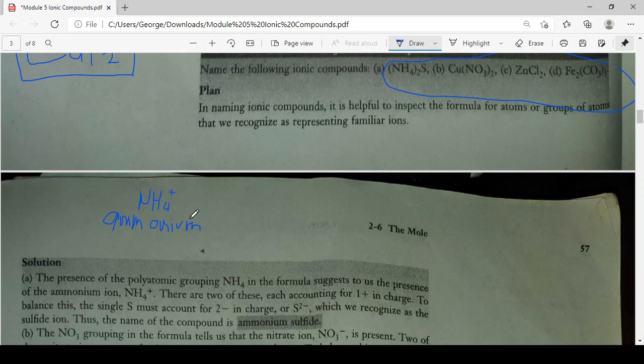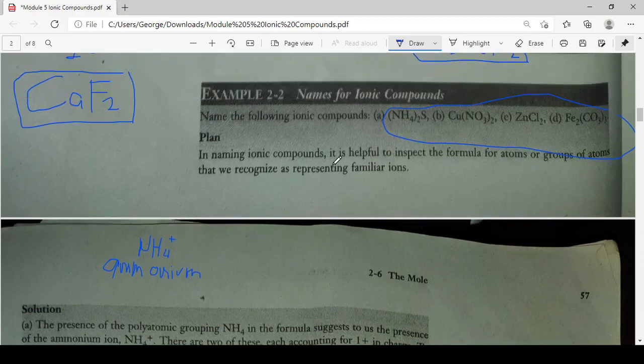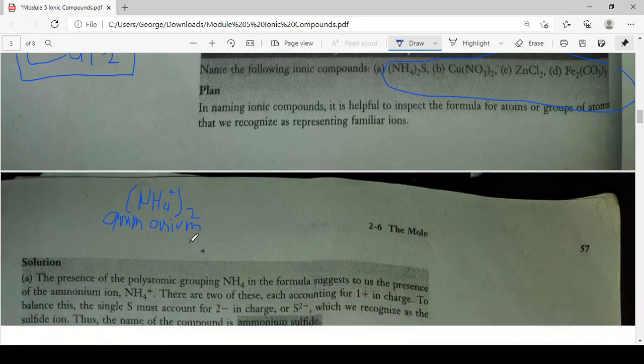There are 2 of these, each accounting for 1 in each charge. Kaya ang nakabutang di sa aton kids na letter A, (NH4)2. So, 2 ang aton nga NH4. So, you have 2 molecules of ammonium.